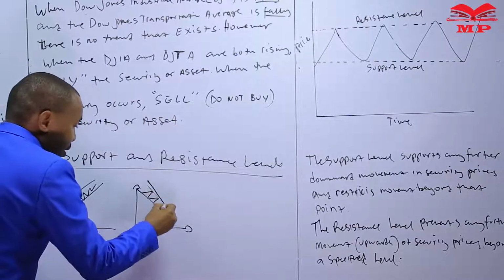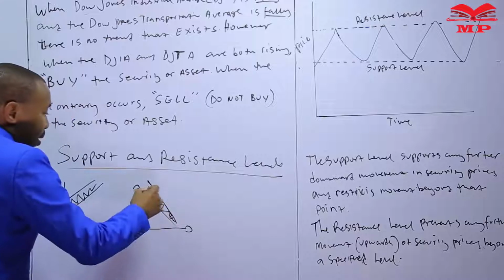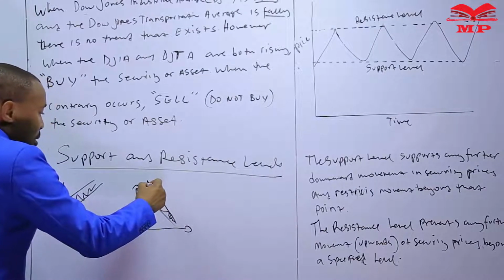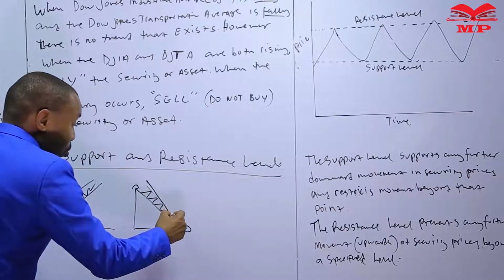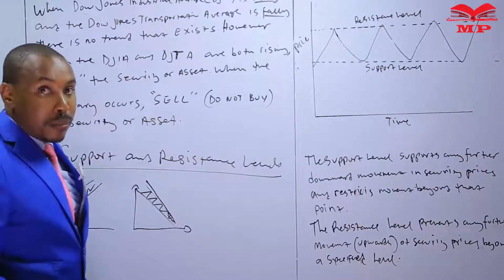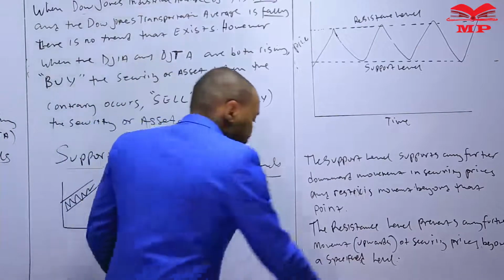The prices are moving very erratically at the initial stages, but as they come down to the most recent prices, they concentrate at one point there. So that's an indication that the security prices are moving down.